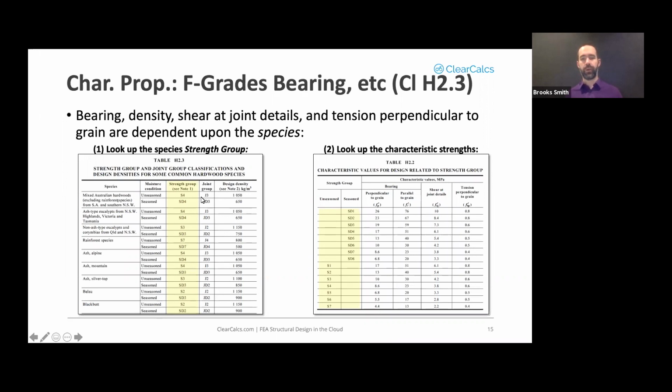So what you're interested in is this strength group. So say I have a seasoned mountain ash that I want to design. That tells me that it's strength group SD3. I then go to table H2.2 and look up SD3 and look at the row here for finding my bearing, shear joint details, and tension perpendicular to grain values. So a two-step process to find the rest of your characteristic properties for an F grade.